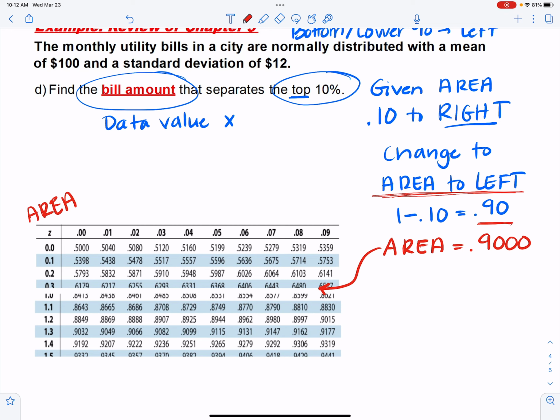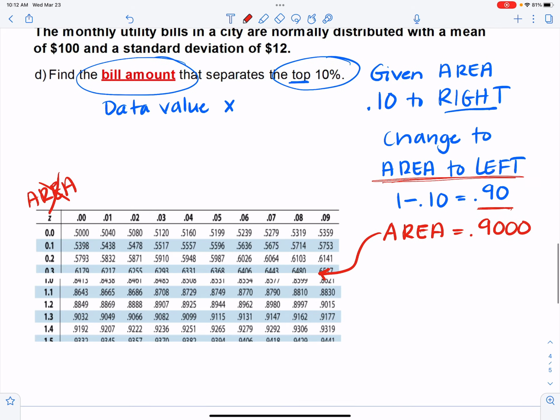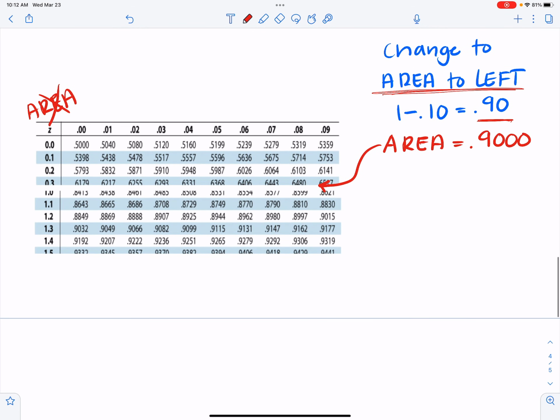Change that: z-scores are on the outside. So I'm looking for 0.90. I scan through my areas. I come to 0.8997 and 0.9015. So if 0.90 was here, it'd be in between those two. So I'm going to take the one that gets closer to 0.90. That's going to be 0.8997. That's a little bit closer.